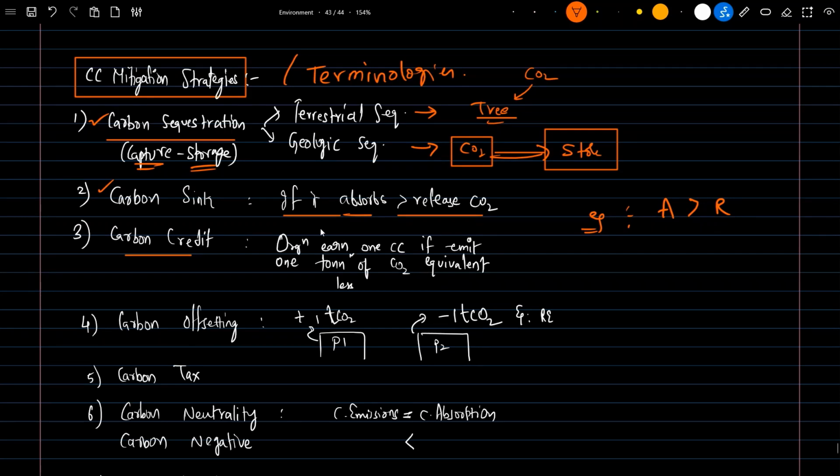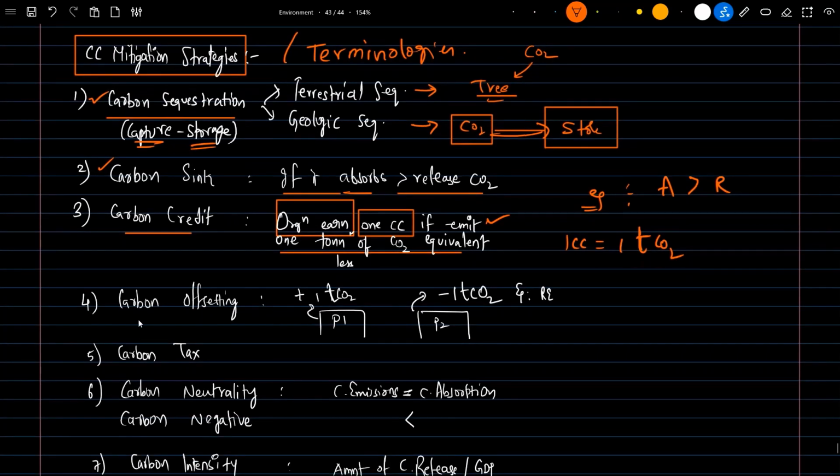An organization can earn one carbon credit, let's say. When can it earn one carbon credit? If it emits 1 ton less of CO2 equivalent, then it can earn one carbon credit. So we can say one carbon credit is equivalent to 1 ton of CO2 emission.